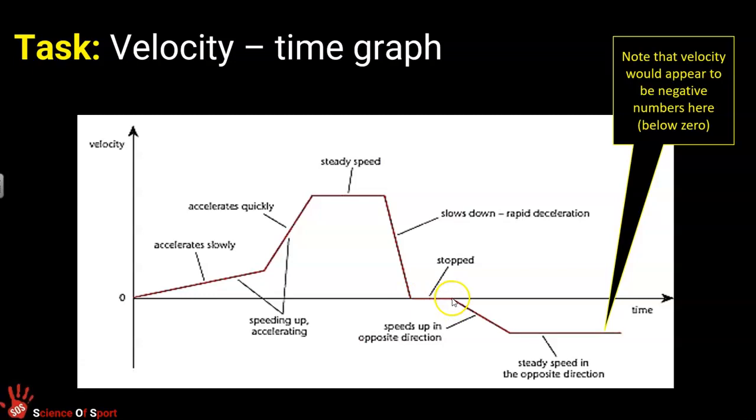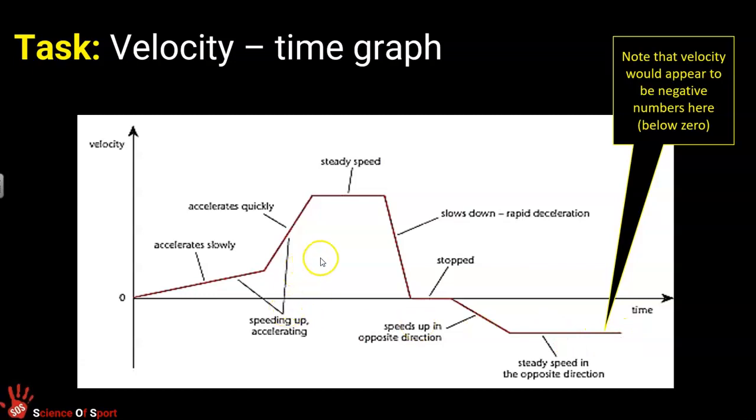And then there's an acceleration in a different direction, and going below the line here indicates different direction. So this athlete or this ball has hit something and is bouncing back in the opposite direction, or the athlete has turned and is accelerating in the opposite direction. And here, the object is moving at constant velocity in the opposite direction.